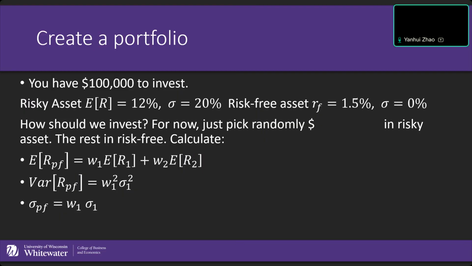What is the sigma 1 here? Volatility. Yes, it's the standard deviation or volatility. And the standard deviation of the portfolio is going to equal the square root of the variance, which will be weight 1 times sigma 1. Okay, so that is what we learned in last class.